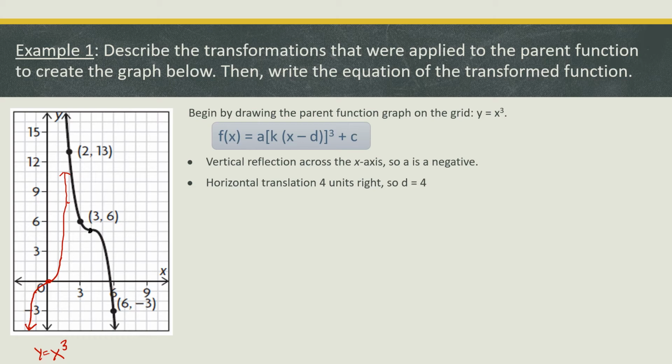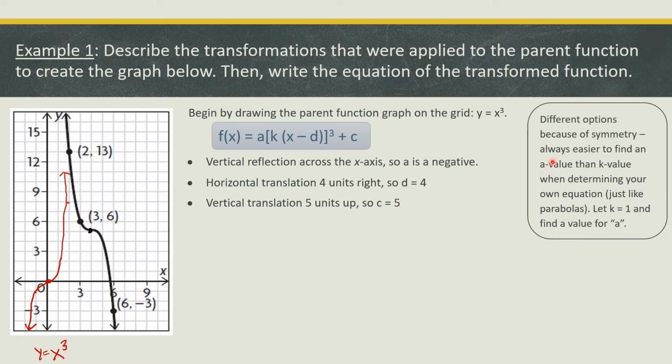This center point of inflection on my cubic has gone over 4 units and up 5 units. So we've got a horizontal translation 4 units to the right, and a vertical translation 5 units up. So we know what D is and we know what C is.